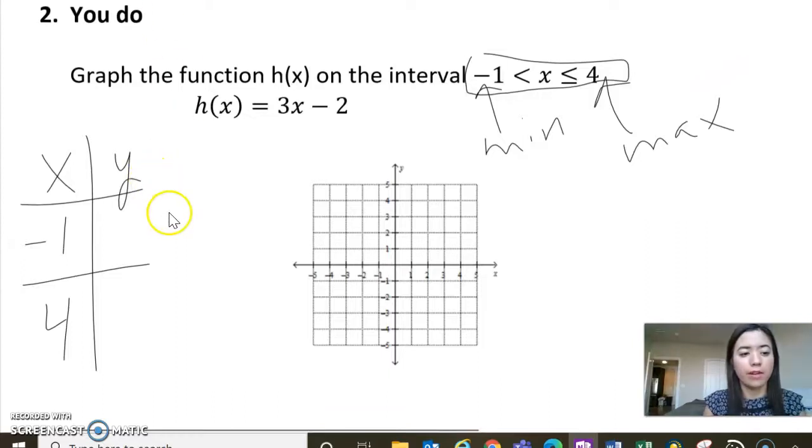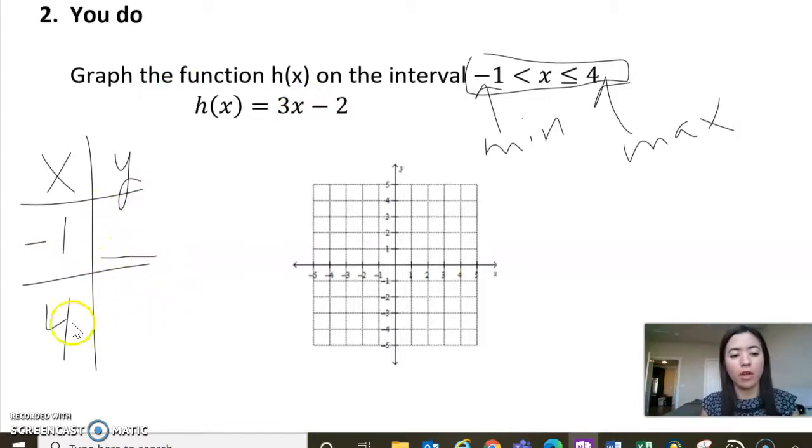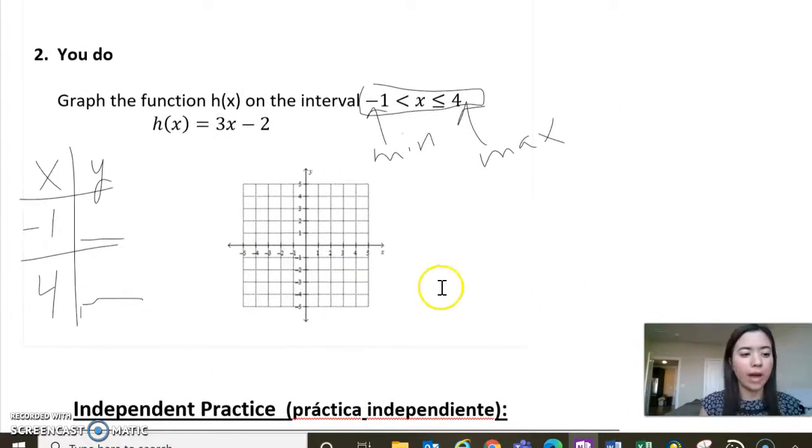Next you're going to take -1, plug it in, find your output, and put that here. Then you're going to plug in 4. Find your output, plug that in here, and then graph them. Go ahead and take a minute to do that, and then come back and check your answers. So pause me, finish this problem, go ahead and do that now.